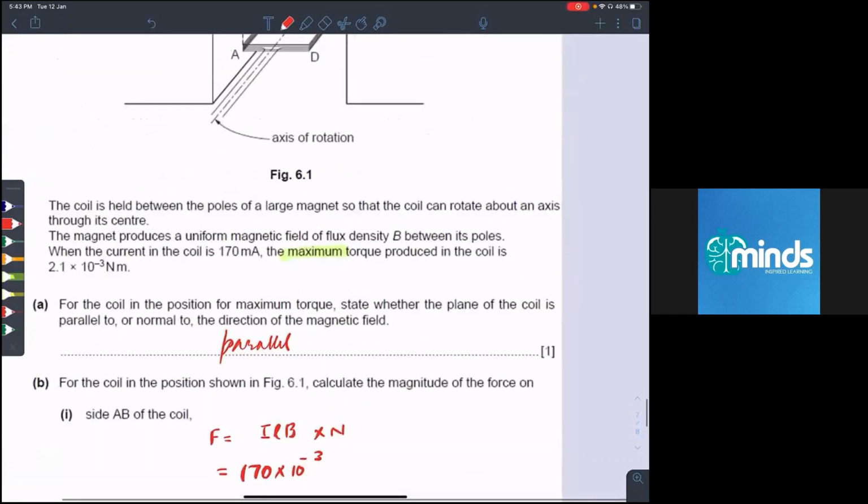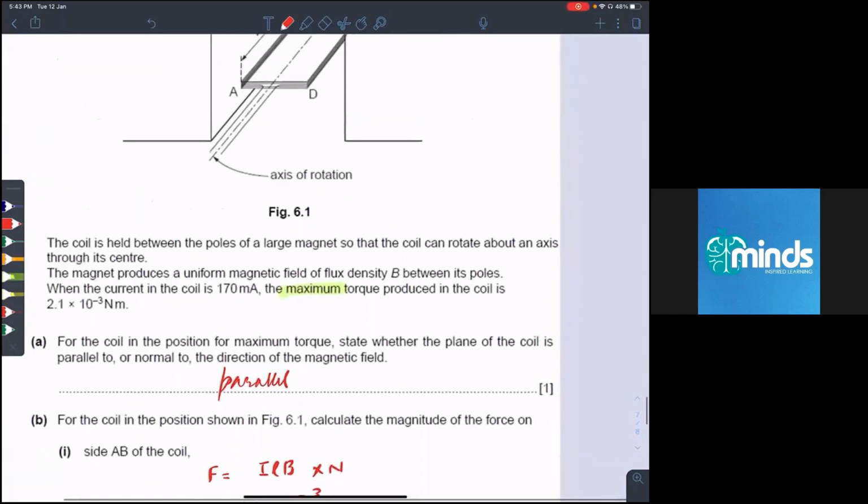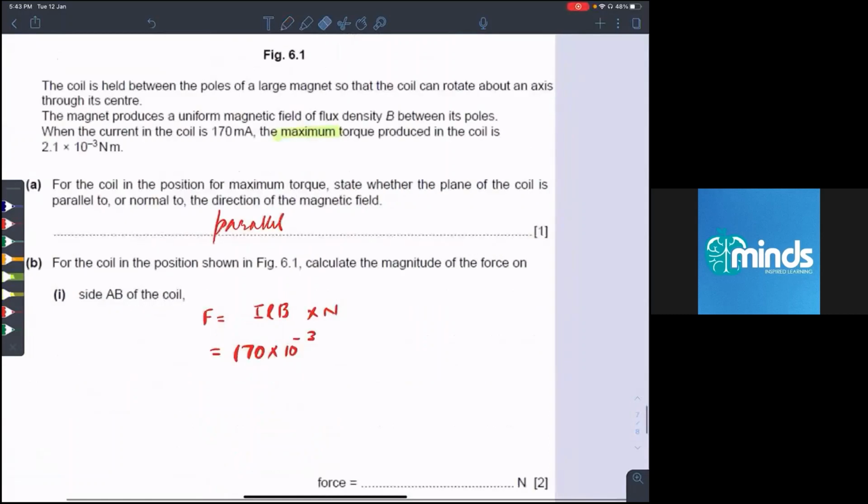Can we use this equation? I guess we can solve it directly as well. Torque is given by force into moment arm, because torque is also given, which is 2.1 exponent minus 3.